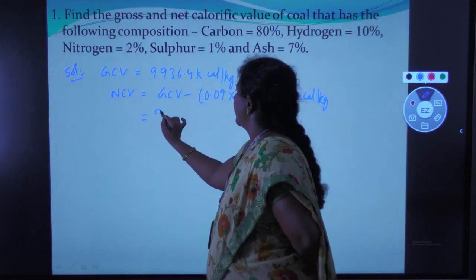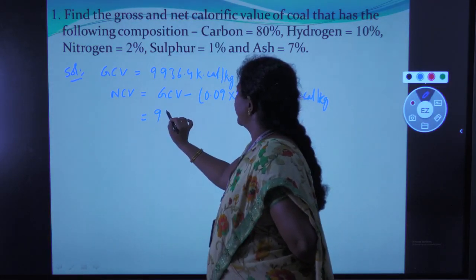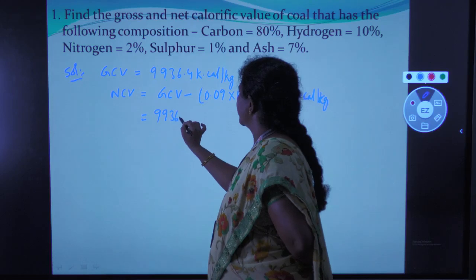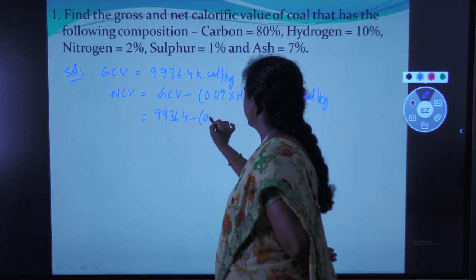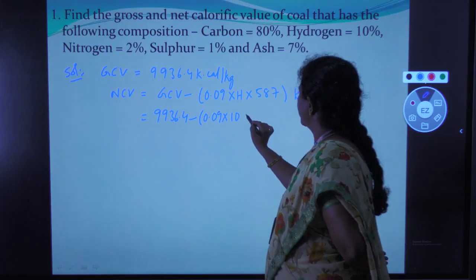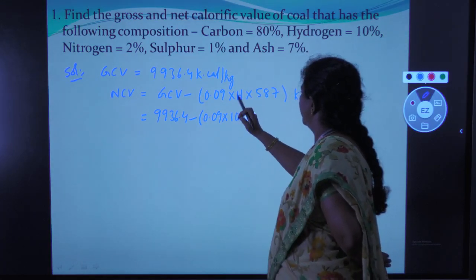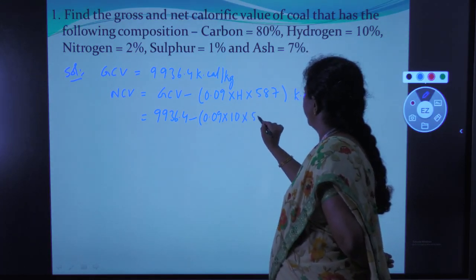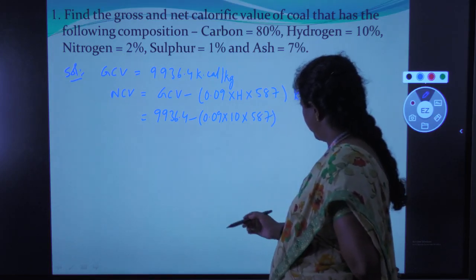So substituting the GCV value, 9936.4 minus 0.09 into percentage of hydrogen 10 into 587.